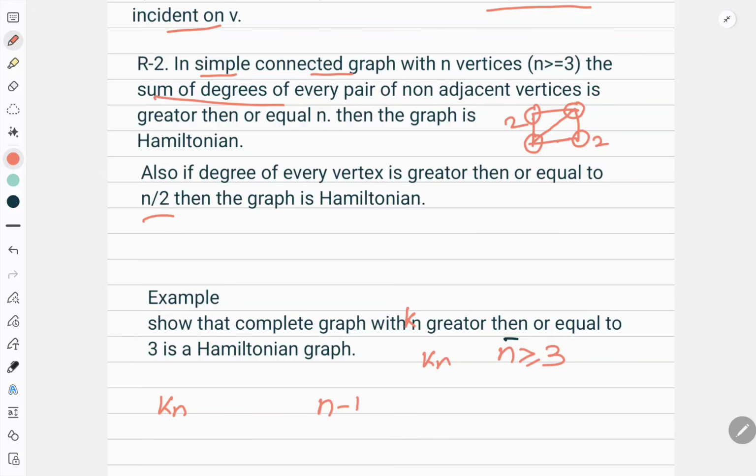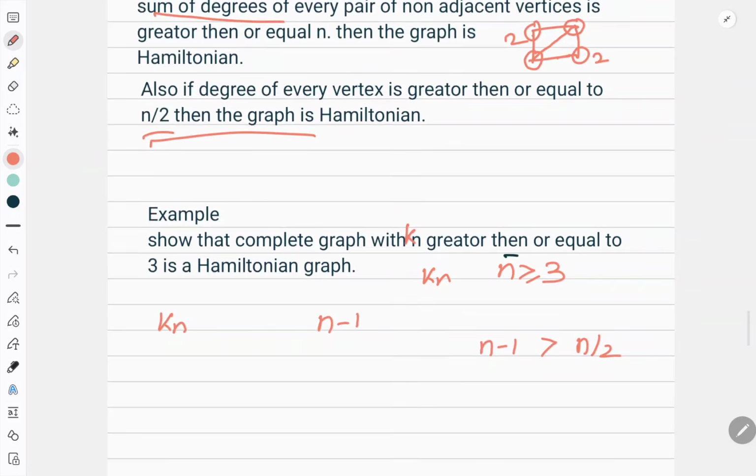Now what do you have to prove? That this degree n minus 1 should be greater than or equal to n by 2. Then we are done by our result. Since n is greater than or equal to 3, if I subtract 2 on both sides, n minus 2 is greater than or equal to 1.